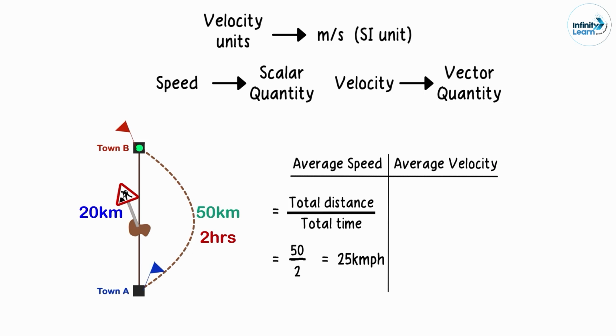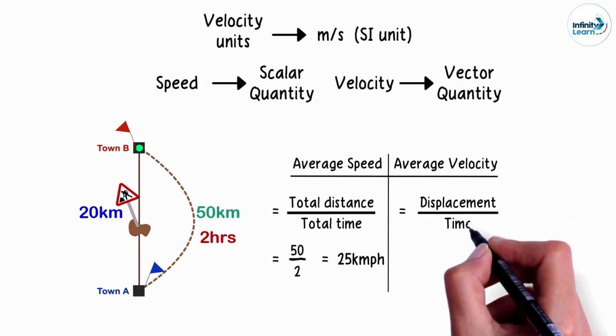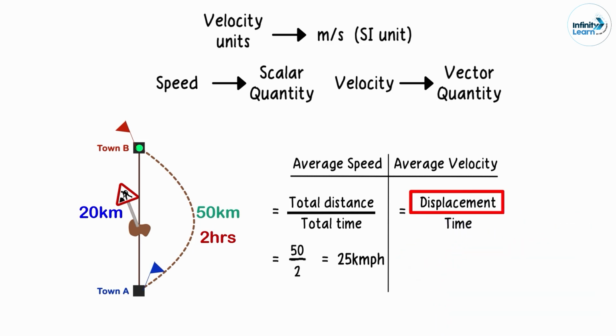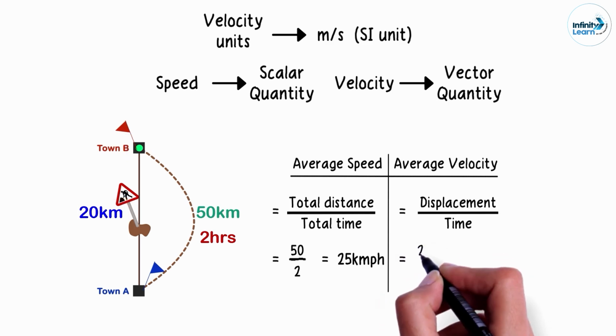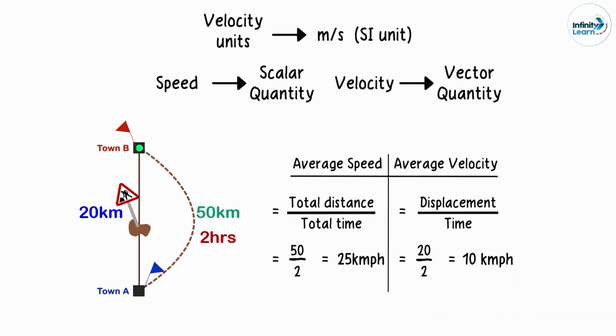Do you remember we had learned about displacement? So the average velocity equals displacement over time. What is the displacement here? It's 20 kilometers up north. Distance with direction. So the average velocity will equal 20 kilometers over 2 hours, which will equal 10 kilometers per hour. That's the concept of average velocity.